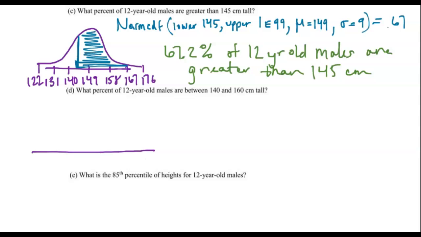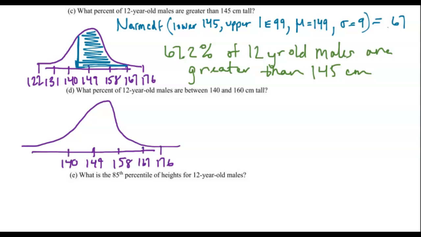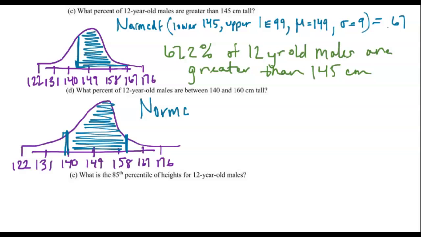Okay, so if we take a look at the next one, now this is going to be one of those where it's in between. So we want to come up with a value where it's 140 to 160. So 140 to 160 is the value or the area in between those 2 points.